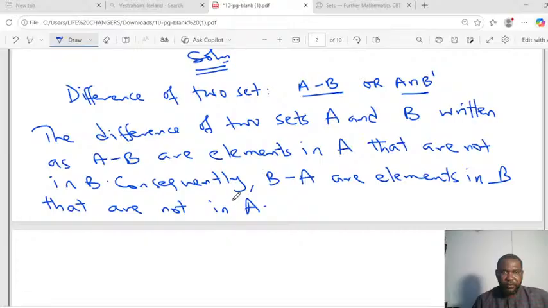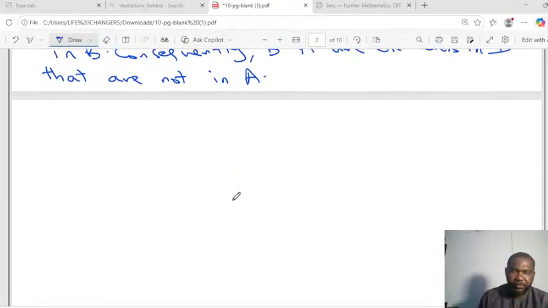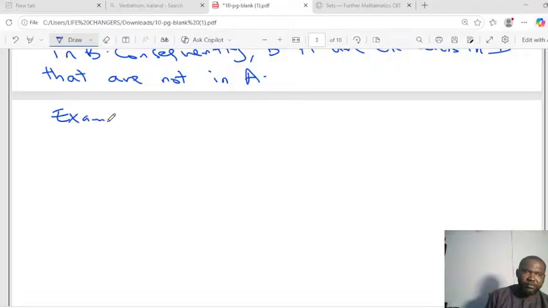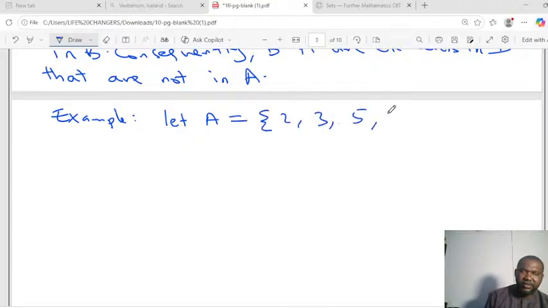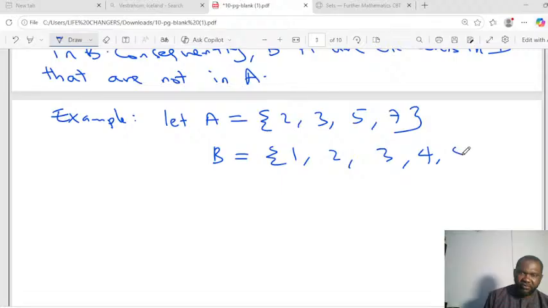Very good. So let's see an example. Our time is almost up. So let A be equal to 2, 3, 5, 7. Then B be equal to 1, 2, 3, 4, 5.